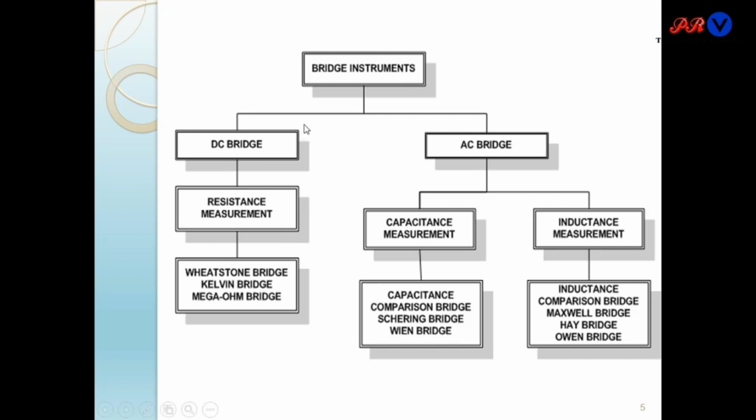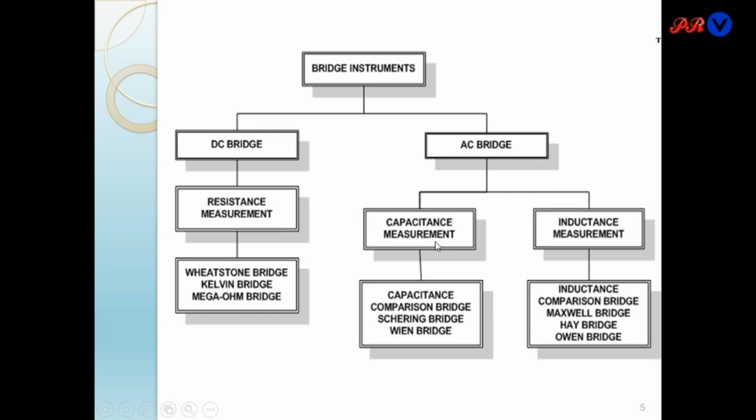So bridge instruments are classified as DC bridges and AC bridges. DC bridges are used for resistance measurement, where examples of DC bridges are the Wheatstone bridge, Kelvin bridge and Megohm bridge, while AC bridges can be used for measurement of capacitance as well as inductance.